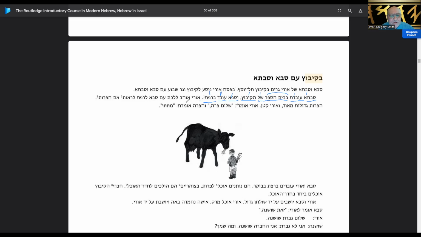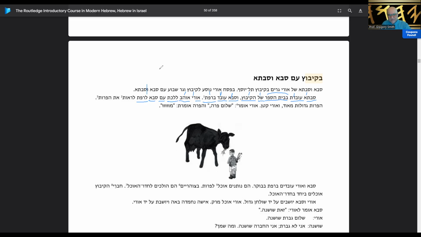Okay, so now Ori ohev, Ori likes lelechet, to go, im Sava, with grandfather, lerefet. Yeah. But look at this here. We've got a lamed here, it means to the barn.